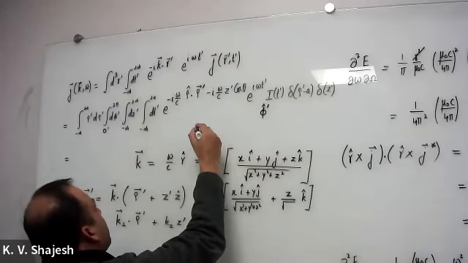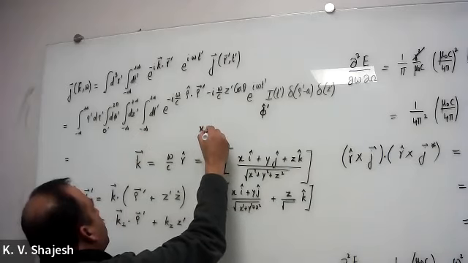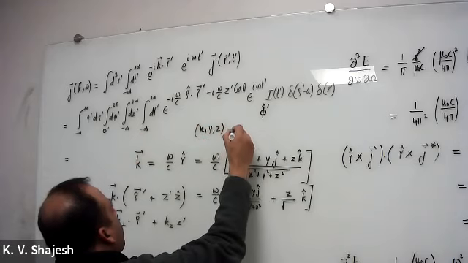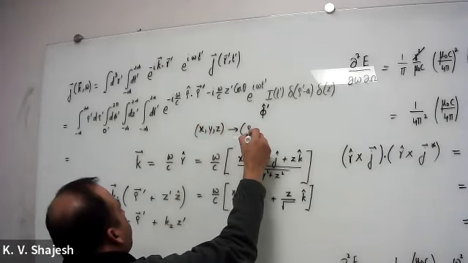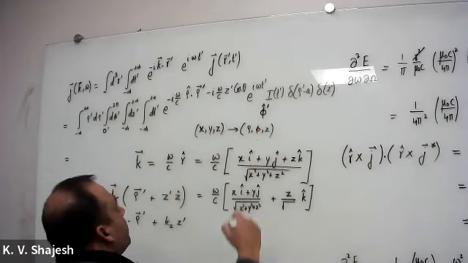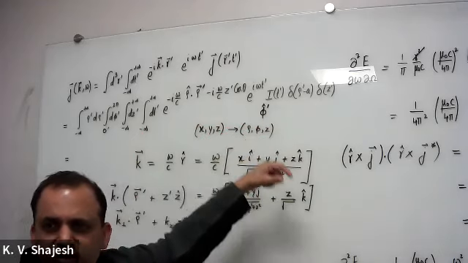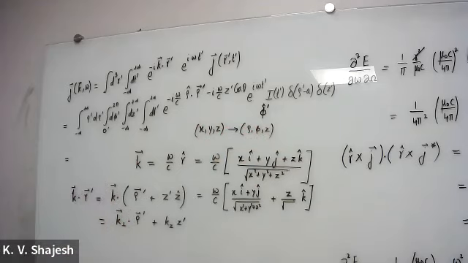We have X, Y, Z, right? Coordinates in cylindrical coordinates become rho, phi, and Z. So it is the cylindrical coordinate of radius. Yes, we use the same symbol for the charge density also.